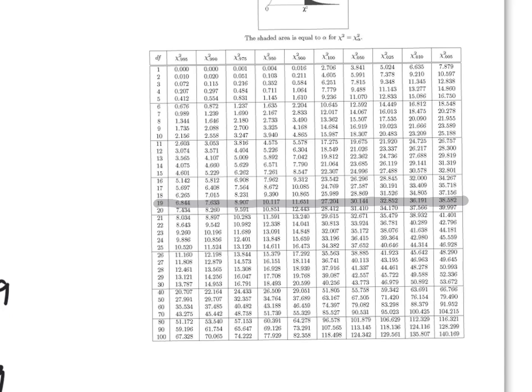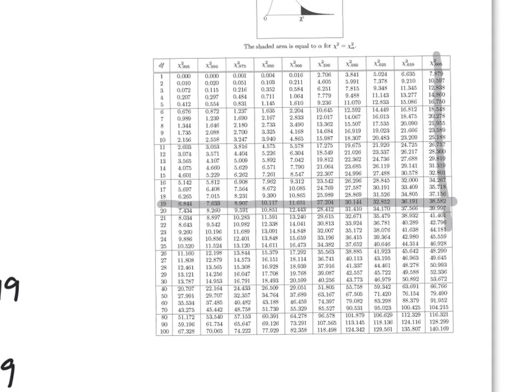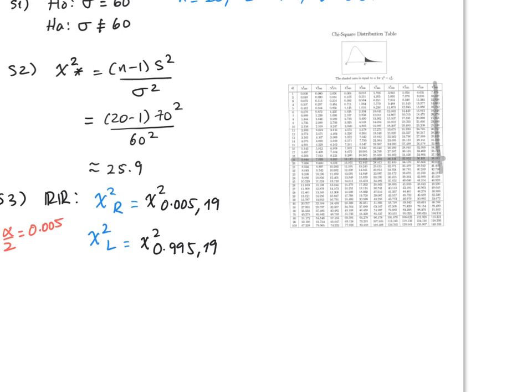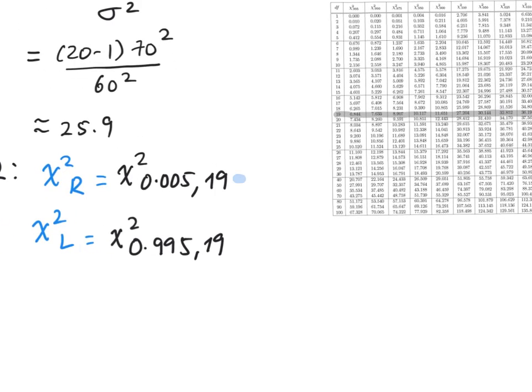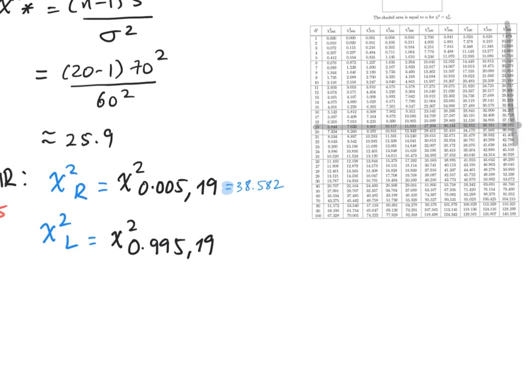And then the value for alpha is 0.005. So it's this one, 38.582. So therefore the right side is going to be 38.582.